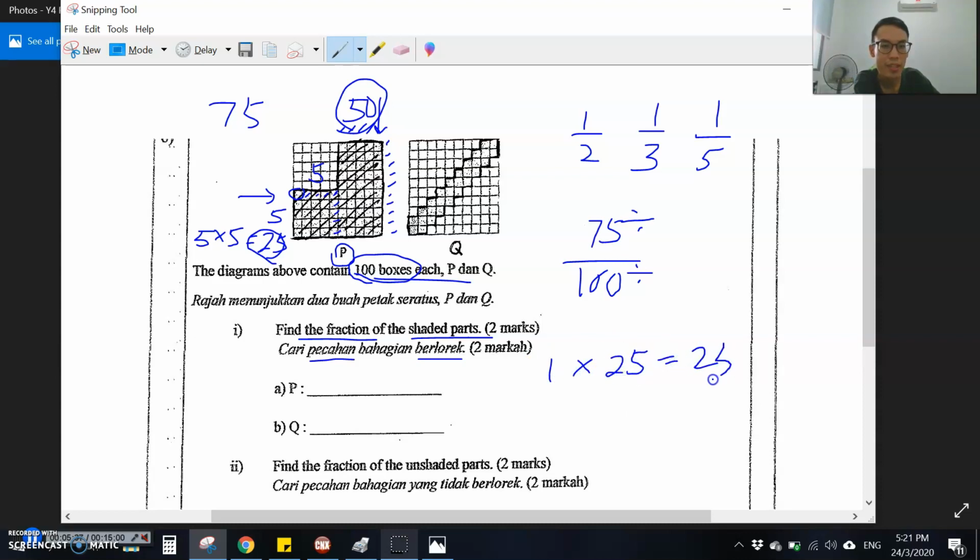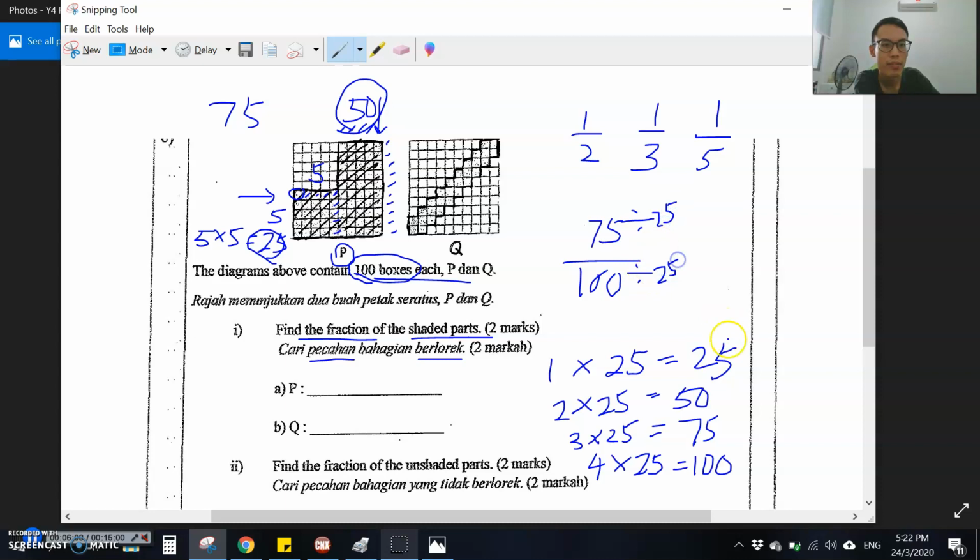1 times 25, 25. 2 times 25 is 50. 3 times 25 is 75. 4 times 25 is 100. So 75 over here you can divide 25. 100 you can also divide 25. Because they are in the CFIR of 25.